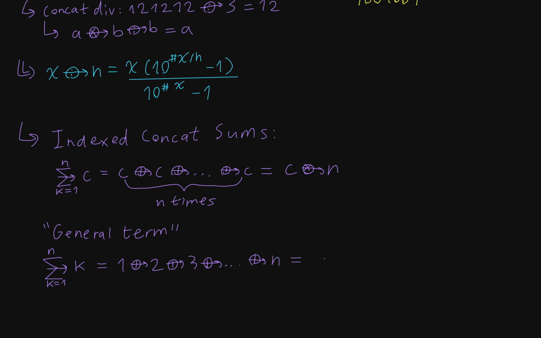And I'm not going to show the details of this, but basically the formula that you'll get is 10 to the n plus 1 minus 9n minus 10, divided by 81.